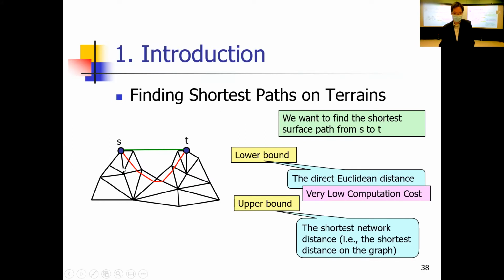The shortest network distance is a path based only on the edges and lines here. They will not go through the triangles. They just go along the edges of the triangles. So you can see that the blue color one is the shortest network distance, restricted to the edges of the triangles. I think by geometry, you understand that for the white color one, we can jump here, which is much shorter than this blue color one.